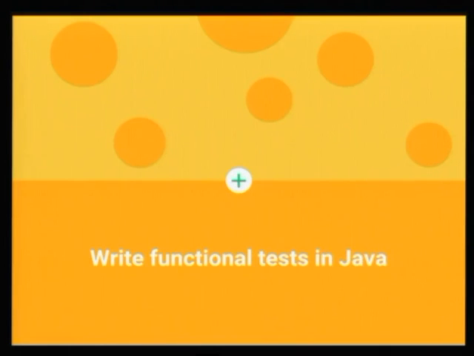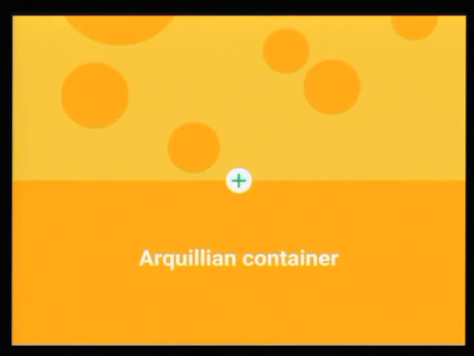You can write functional tests for iOS in Java. You can integrate it with other testing, like if you need other libraries, everything in Java, you can use all that, which you wouldn't be able to do with KIF in Objective-C. Sorry, it is an Arquillian container.